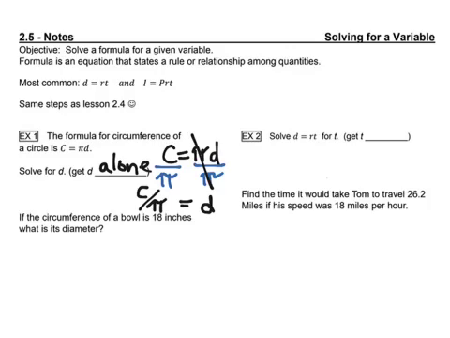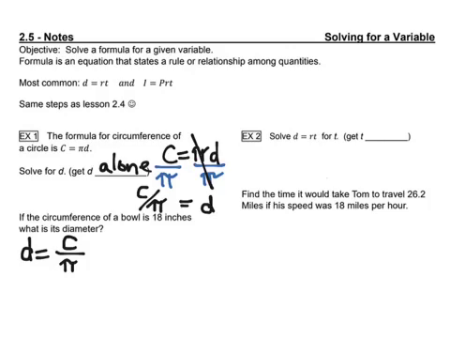In the next step, it's going to ask if the circumference of a bowl is 18 inches, what is its diameter? So we're looking for diameter. That's why we solved for d. So d equals circumference over pi, just as we found out.